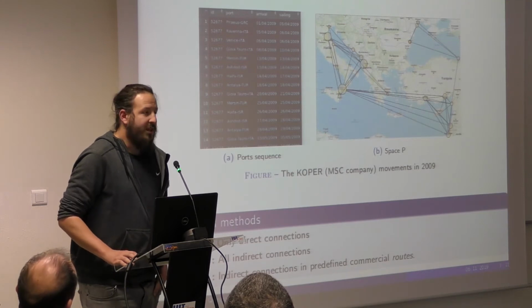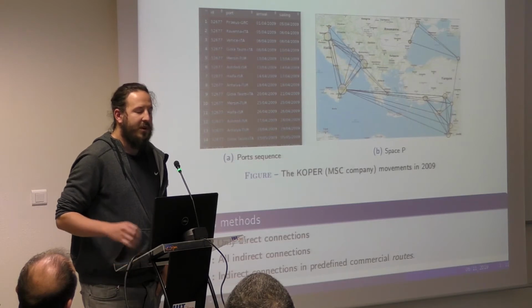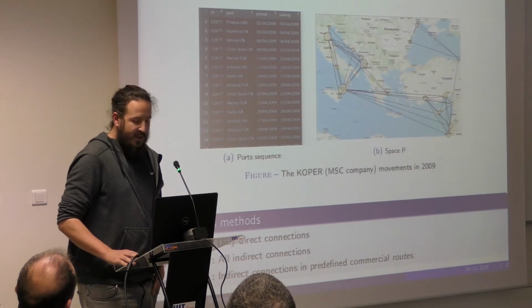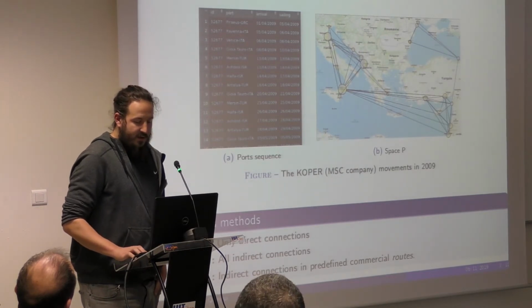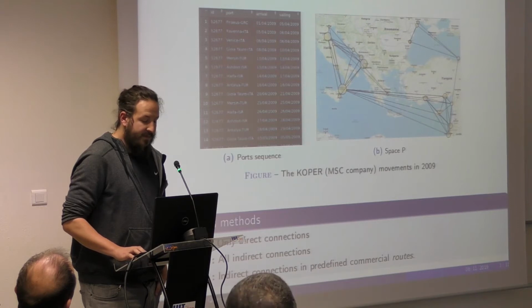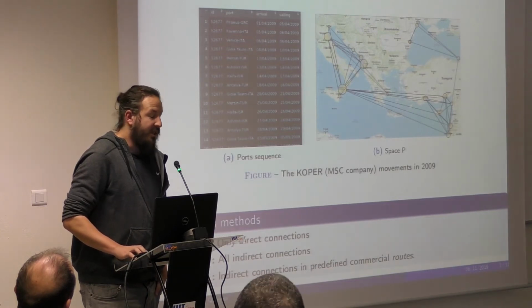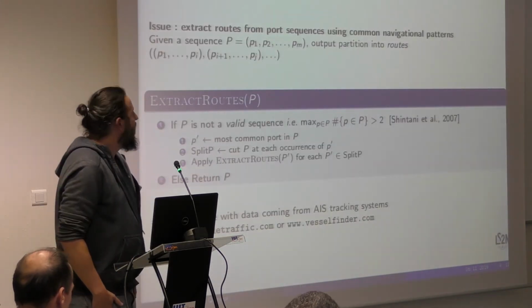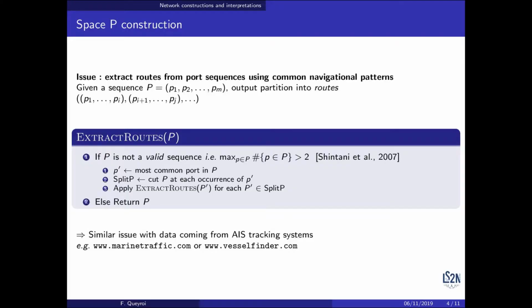And actually, some researchers directly use the commercial routes provided by the shipping company, but it's not our case here, since we use the actual places visited by the ships. But there is a simple way we can recover these commercial routes, and this is the procedure that I use.